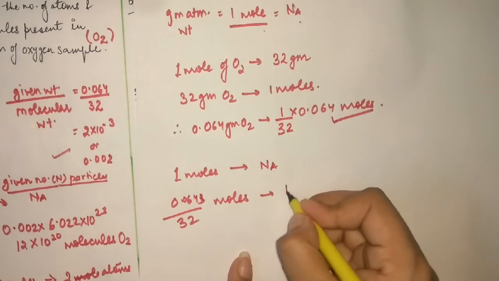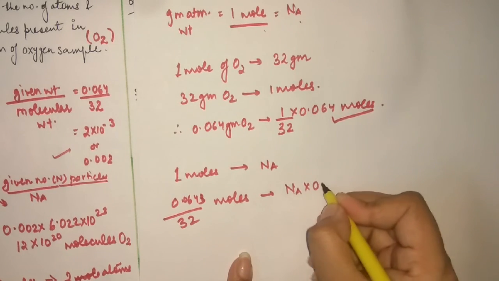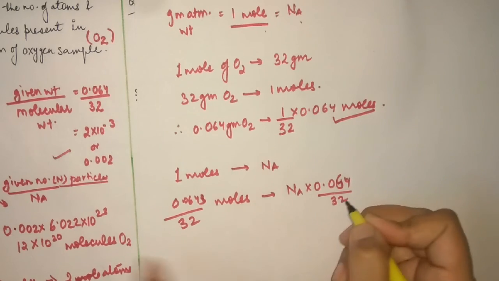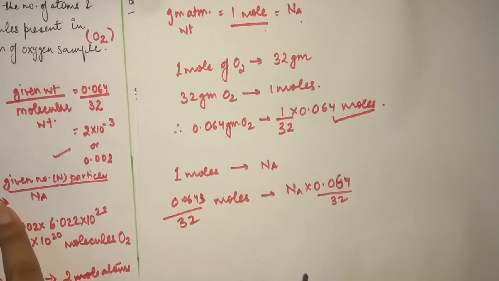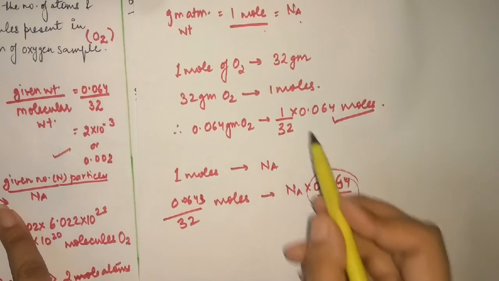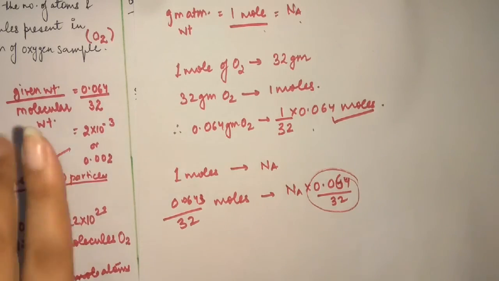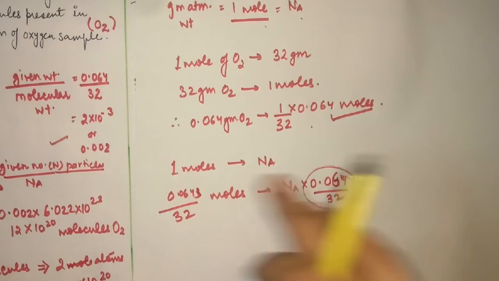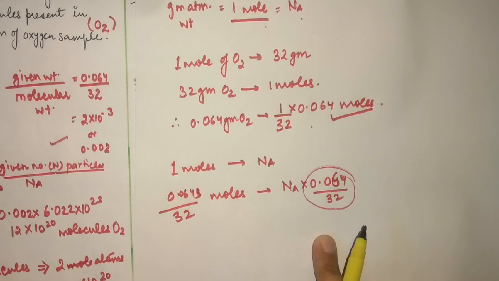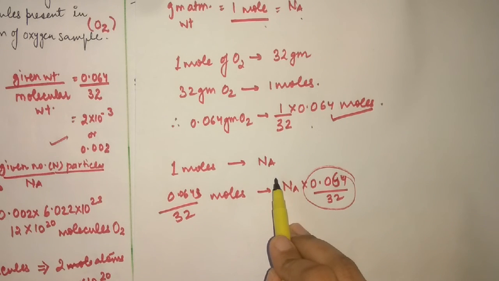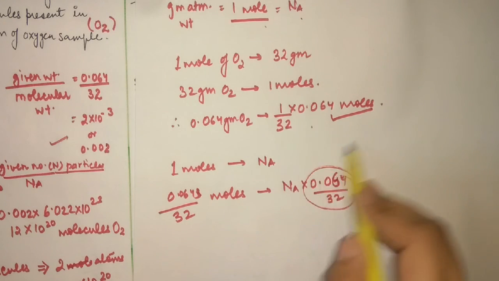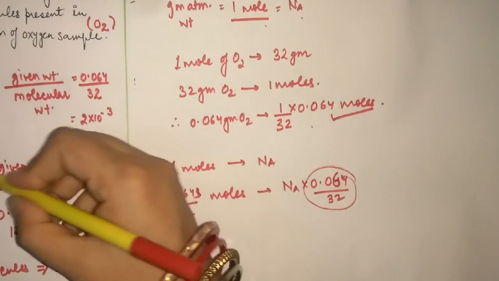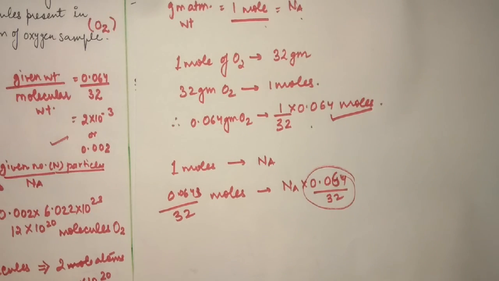So Avogadro number into 0.064 upon 32. This is what we are doing, cross multiplying. This is what? N. Yes or no? So the same thing is happening. Here we are using the formula. Here we are using the unitary method. 1 mole will contain Avogadro number, so these many moles, you will calculate this. These many moles will contain Avogadro number into this. Similarly, Avogadro number into N. Yes or no?